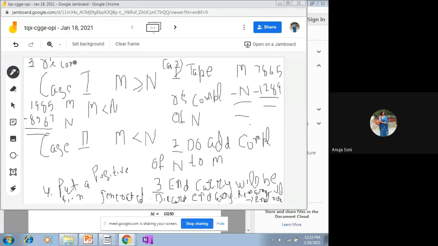Take the r's complement of the result and put a negative sign in front of it.